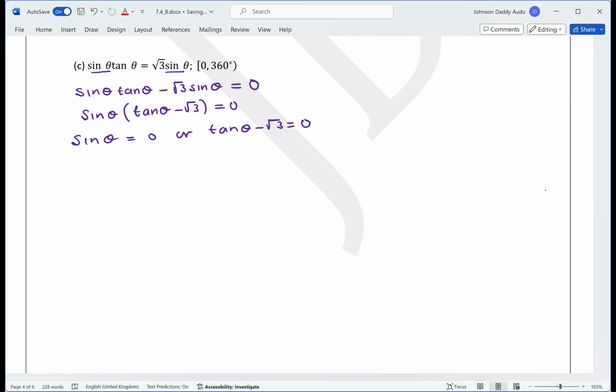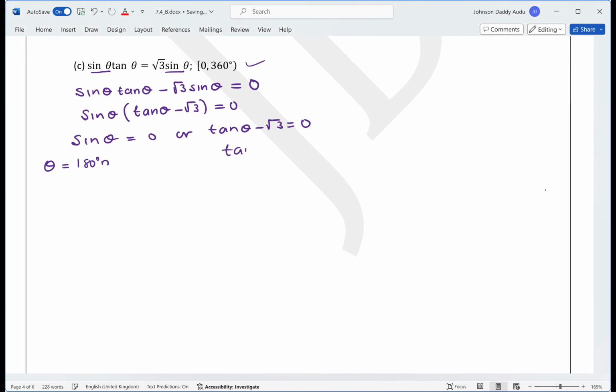This one, let's solve this one. Sine theta equals to 0. It means that theta is equals to n pi. Yeah, we know this one. And here, n pi, which is the same, but since everything is in degree, so instead of n pi, what do we use? We use 180 degree n.